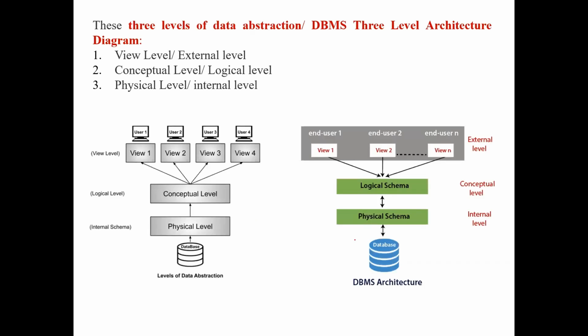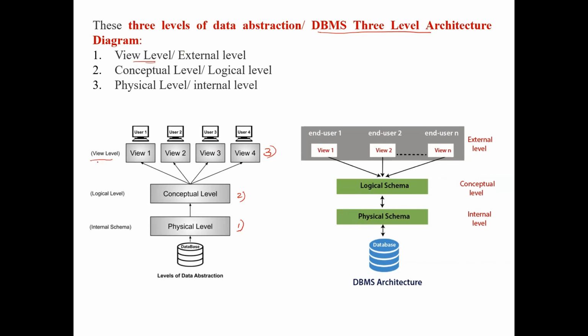So we can see in this diagram, we also call it as a DBMS three-level architecture. Why three-level architecture? Because there are three levels. One is the physical level, second is the conceptual level, and third is the external level. So this three-level data abstraction or DBMS three-level architecture consists of view level, which is the top level.